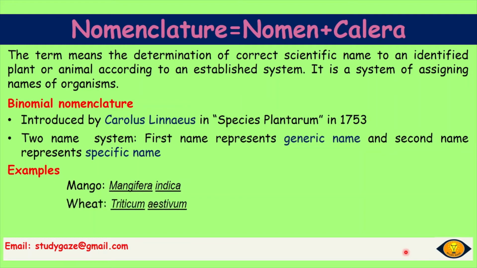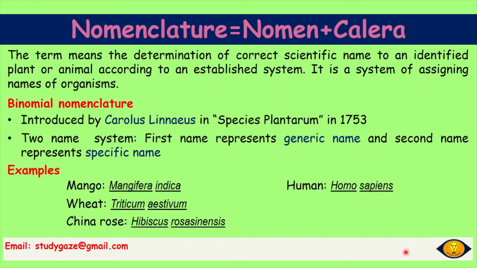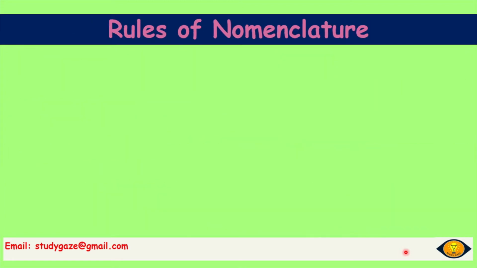Wheat, it is Triticum aestivum. China rose, Hibiscus rosa-sinensis. Human, Homo sapiens. Here Homo is the generic name, sapiens is the specific name. Pigeon, Columba livia. Frog, Rana tigrina.